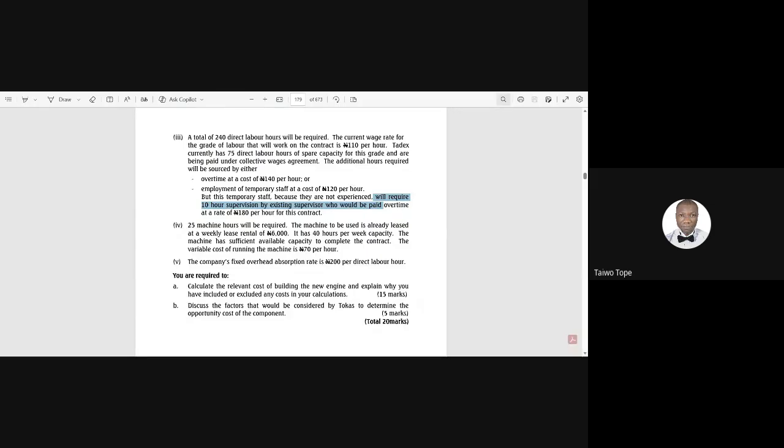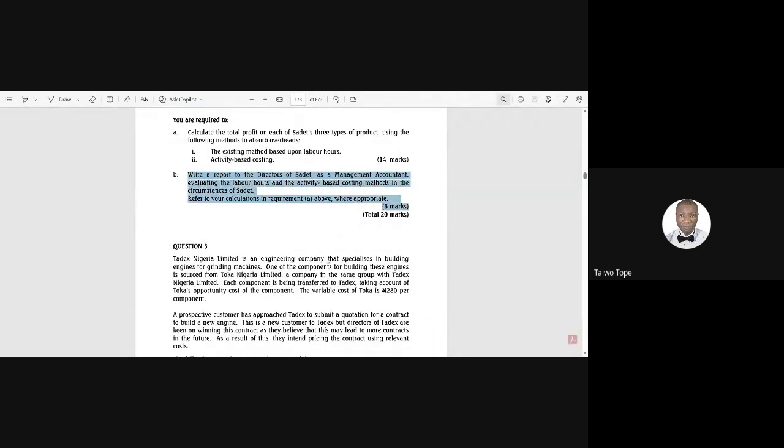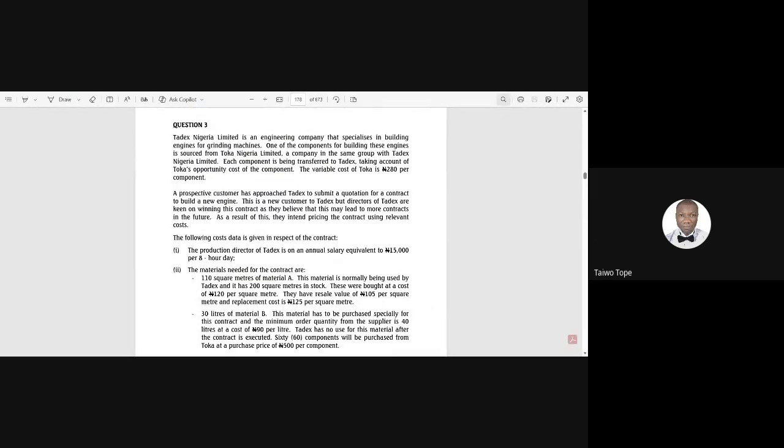So looking at this question, what do you think you can do about it? Let's assume we are seeing this in the exam hall now. Based on the knowledge we have, you can read again and tell us what you think you can come up with. The essence of this class is to build your confidence towards the exams.